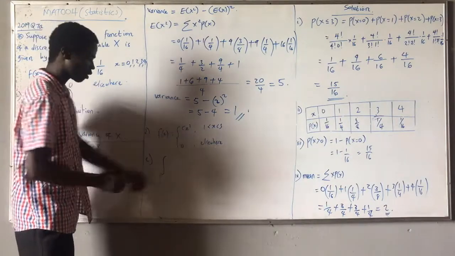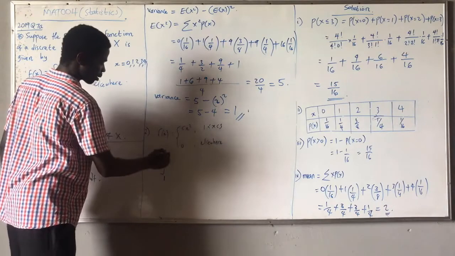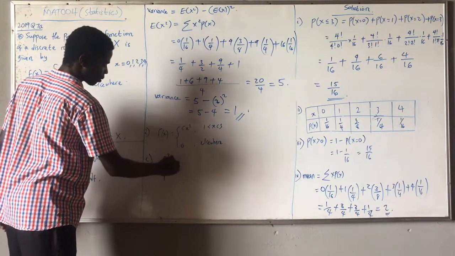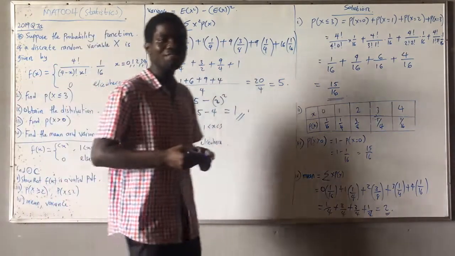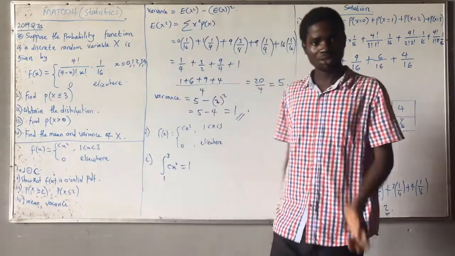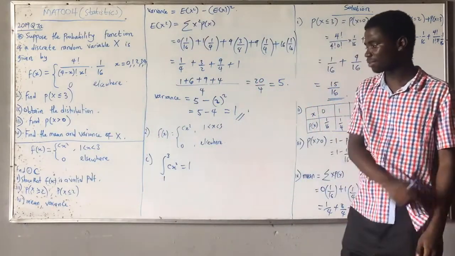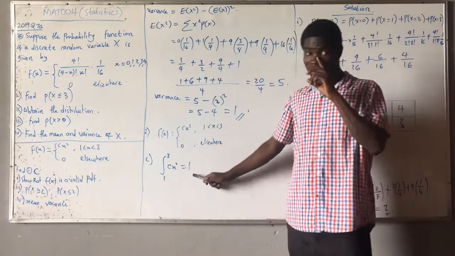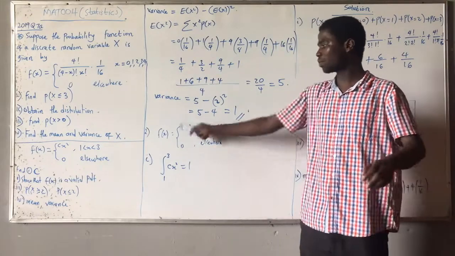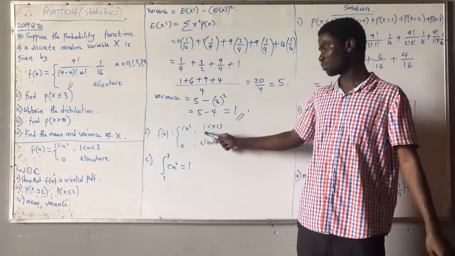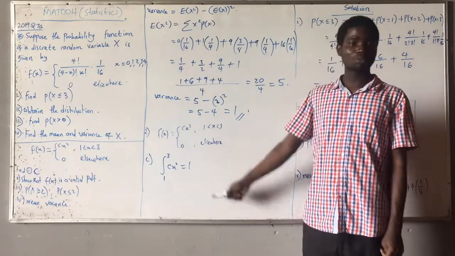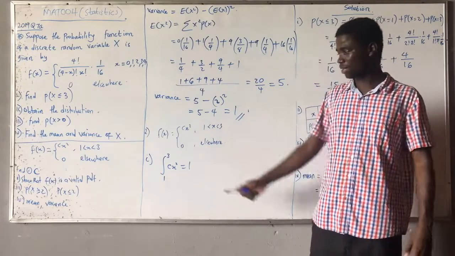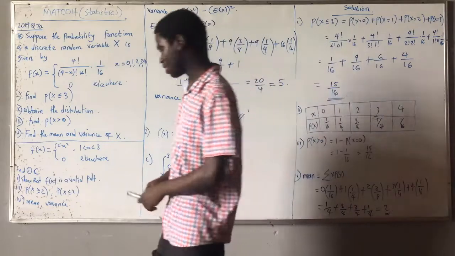The integral from 1 to 3 of c s squared must be 1 for it to be a valid PDF. Do you understand? Everything you are giving here, if you take the bounds, the integral must be 1. So to find c, c can come out since it is a constant.